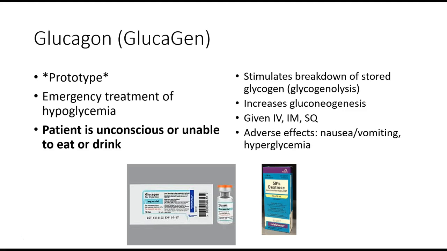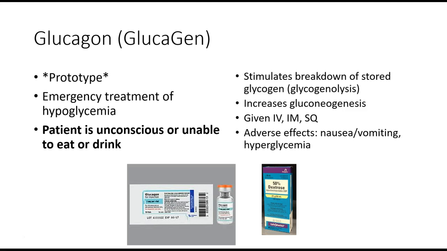So what glucagon does is it stimulates the breakdown of stored glycogen, so glycogenolysis, and it's going to increase the amount of glucose that's produced, or gluconeogenesis. And it's given IV, IM, or sub-Q. Some adverse effects from glucagon can be nausea and vomiting and hyperglycemia.